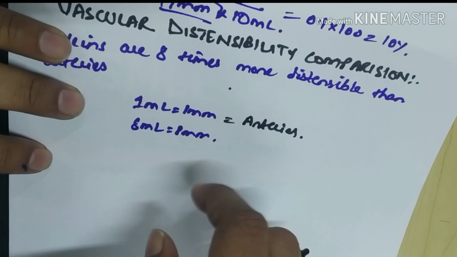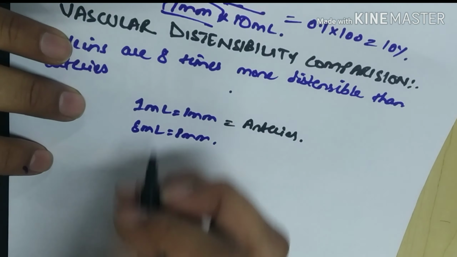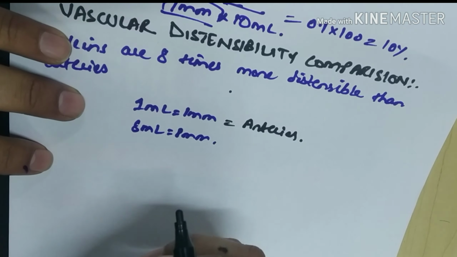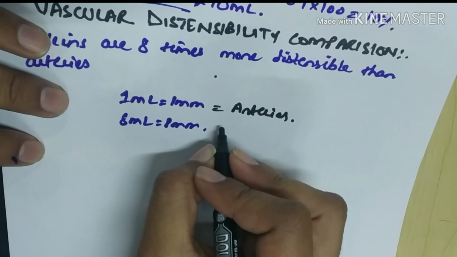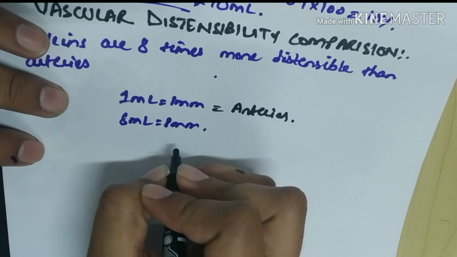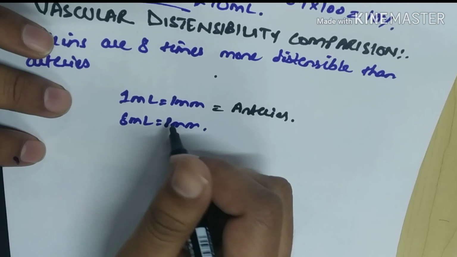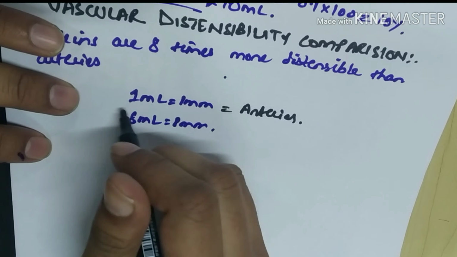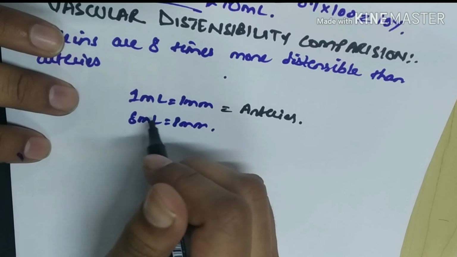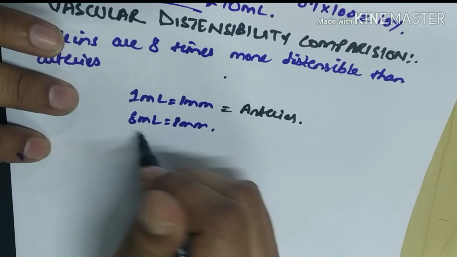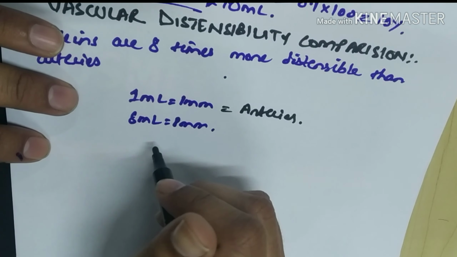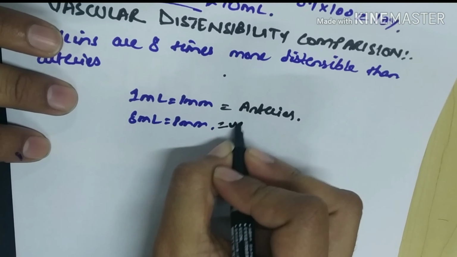The arteries will expand to such an extent that they can occupy 1 milliliter of blood. Whereas if I increase the same pressure, 1 millimeter Hg, in veins, the veins will be distensible to such an extent that they will occupy 8 milliliter of volume.